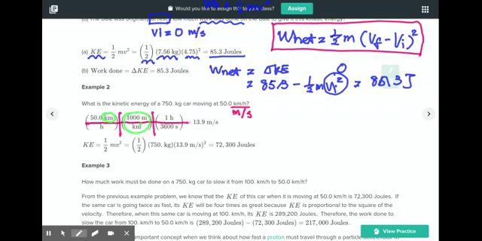Okay? And 1 kilometer is 1,000 meters. So kilometers cancel out. And then you convert hours to seconds. 1 hour is 3,600 seconds. So hours cancel out. You get 13.9 meters per second. Then you plug in your answer.